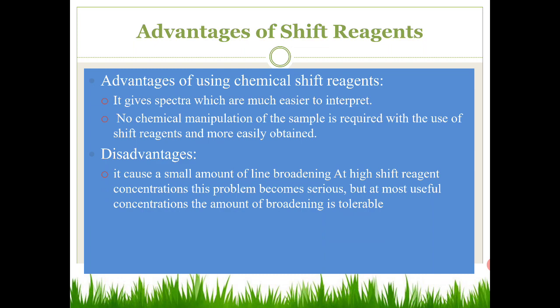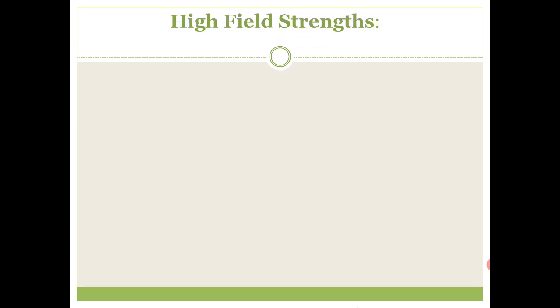The disadvantage is that it causes a small amount of line broadening at high shift reagent concentration. This problem becomes serious, so generally we use a moderate concentration of the shift reagent, at which the line broadening is tolerable. Tolerable means it will not cause much issue.